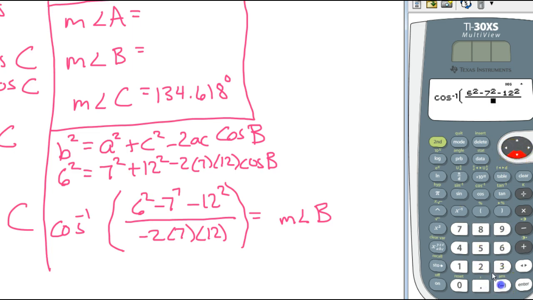All right, and then I've got negative 2 times 7 times 12. Okay, so the measure of angle B is 20.849.